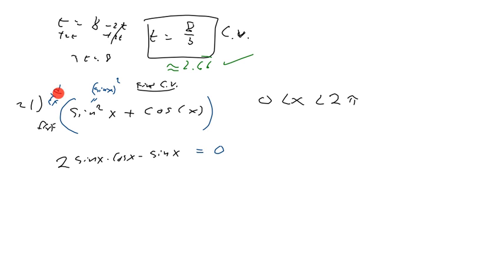So we took the derivative, did our derivative of sine squared, used our chain rule, put the 2 in front, 2 sine x, derivative of the outside, don't change the inside, times the derivative of the inside part. The derivative of sine is cosine. And then the derivative of cosine is negative sine.